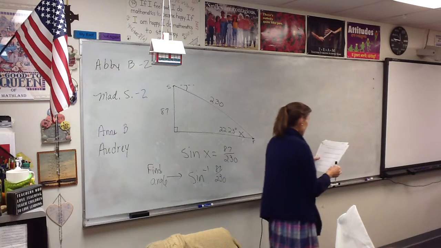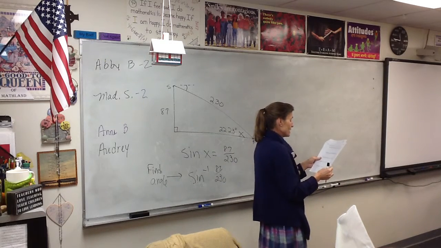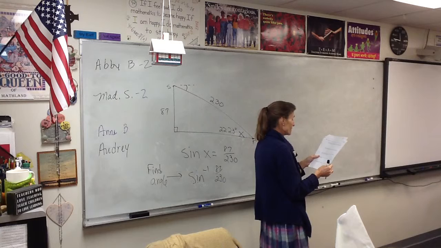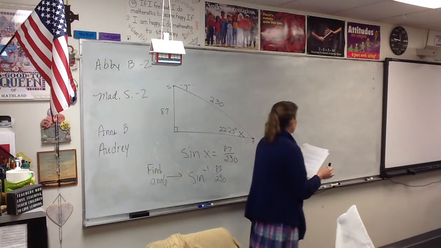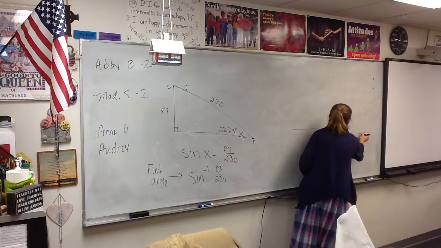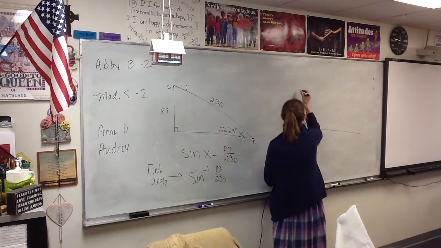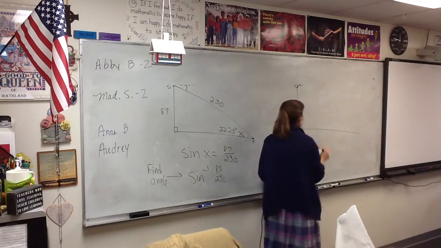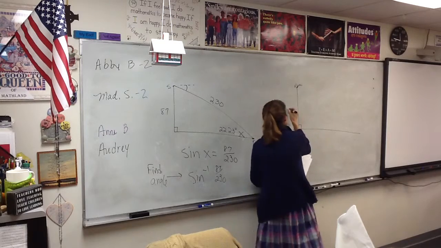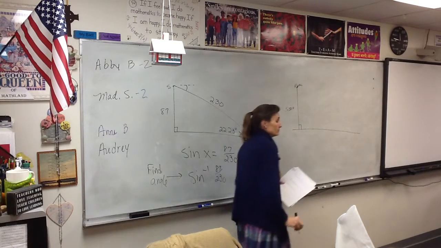How far is an airplane from the airport if it is 5,000 feet above the ground and the angle of depression to the airport is 17 degrees? All right, here's the ground. Here's the airplane. Now we know that the plane is 5,000 feet above the ground.